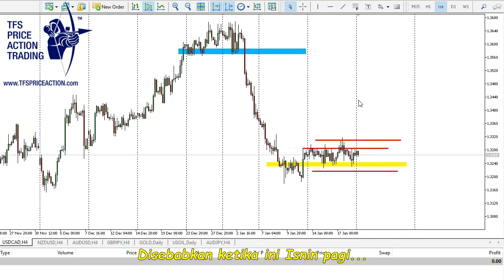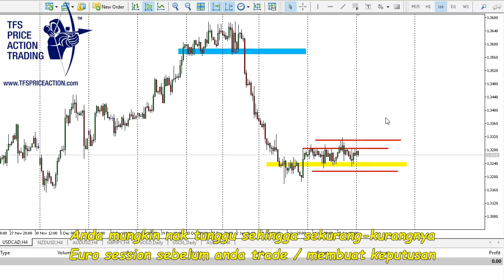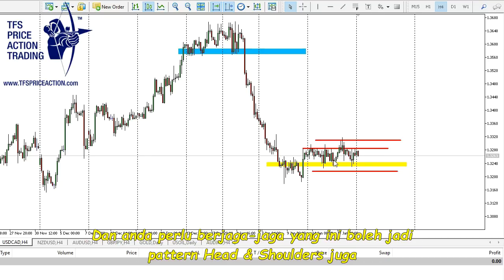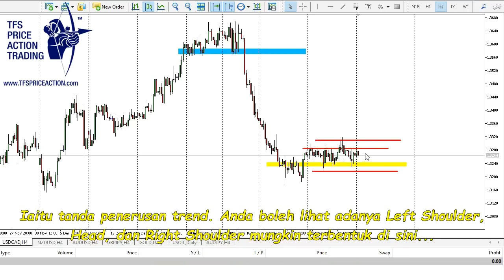Because now it's a Monday morning, you might want to wait until at least Euro session before you are making your trade or decision, because there's a tendency that there might be some movement to the downward first before it goes back up. You need to be aware that this could also be a head and shoulder formation, which is a sign for continuation.